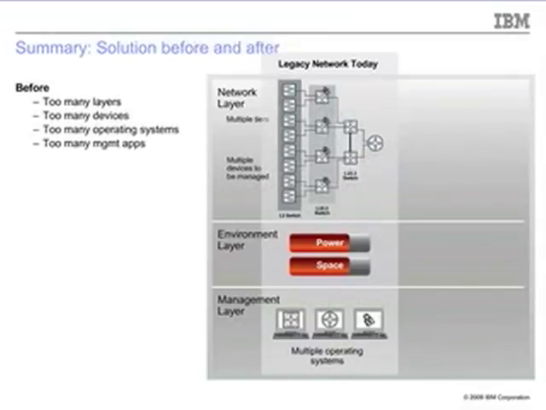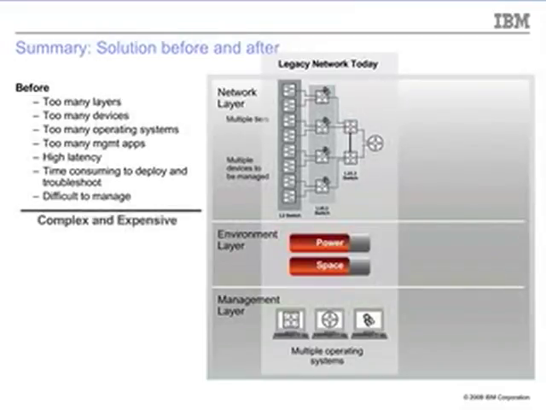And because we had all those different devices, that means the packet had to touch each of those, which just added latency. And latency has become more and more critical across the network. We have to reduce the latency. And of course, the more devices, the more circuits, the more there is to deploy, the more there is to troubleshoot when there's a problem. And all that results in a lot more difficulty to manage. And at the end of the day, it's very complex and very expensive.